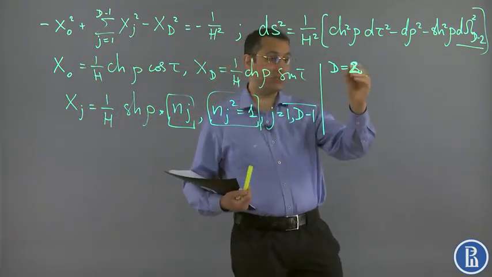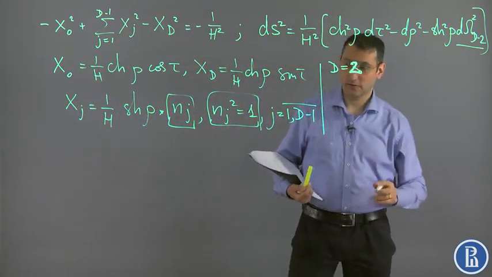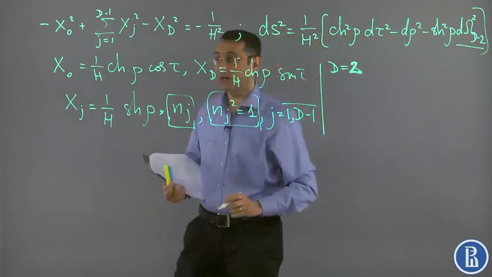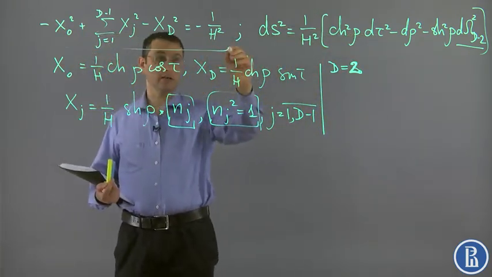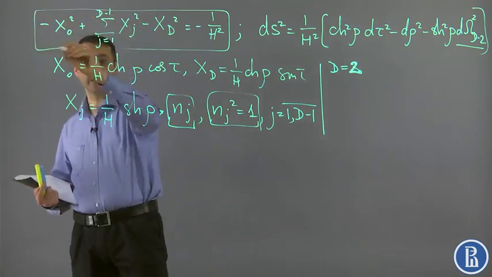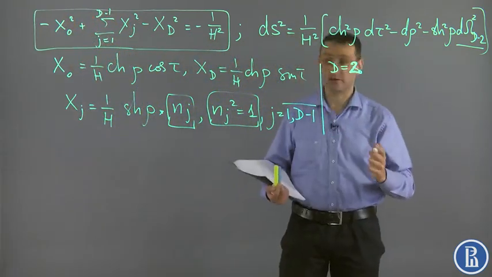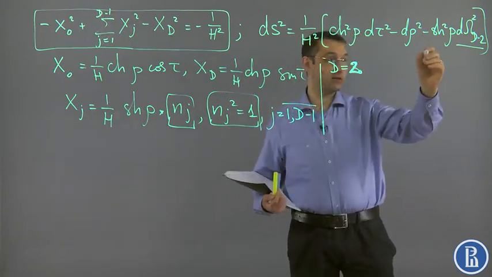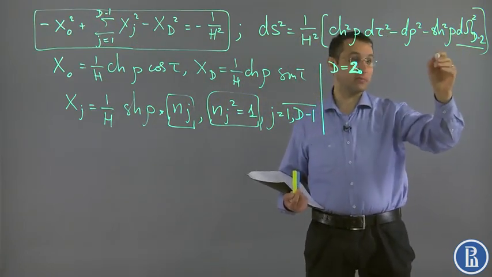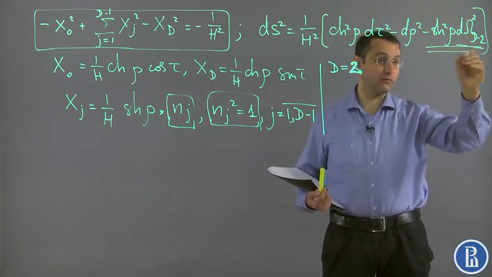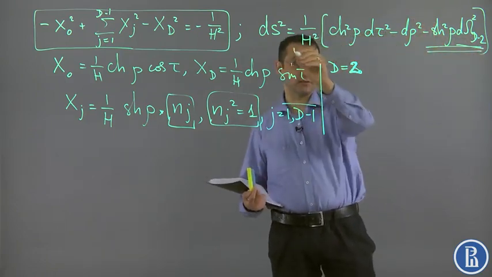For d equals 2, the equation that we obtained here is very similar to the equation for two-dimensional de Sitter space. In fact, it just coincides with it. What is important here is that this factor is absent. For the case of d equals 2, we don't have this factor, so the metric is just this.